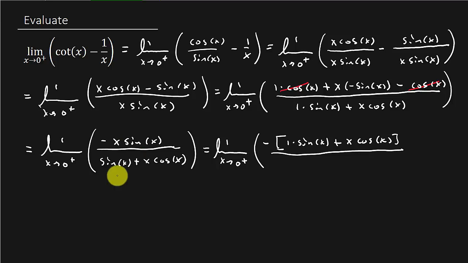I had to use the product rule. And then derivative of sine is cosine, and then that's going to be plus 1 times cosine x plus x times negative sine x.